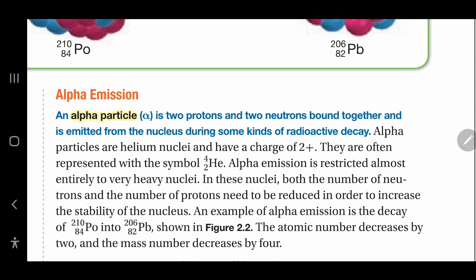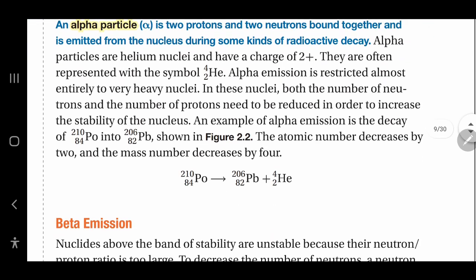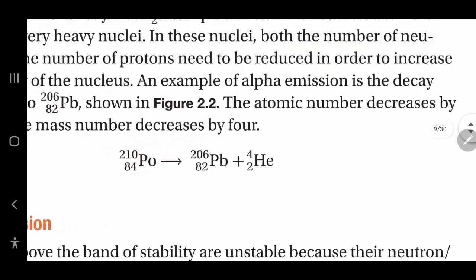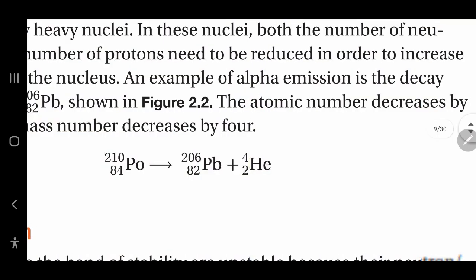stability of the nucleus. An example of alpha emission is the decay of polonium to lead, as we can see in this nuclear equation. Polonium converted to lead with emission of an alpha particle. And as you can see, the total atomic number for the products must be equal to the total atomic number of the reactants.